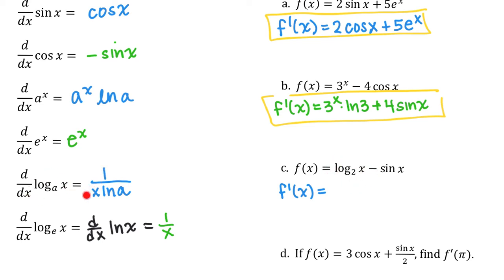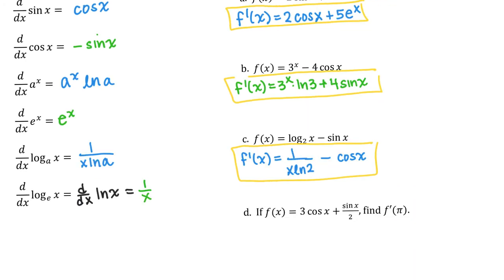It's going to be 1 over x times ln of 2, minus the derivative of sine x. The derivative of sine is cosine. So the derivative of sine x is cosine x. Okay, and then let's look at D. One last question.